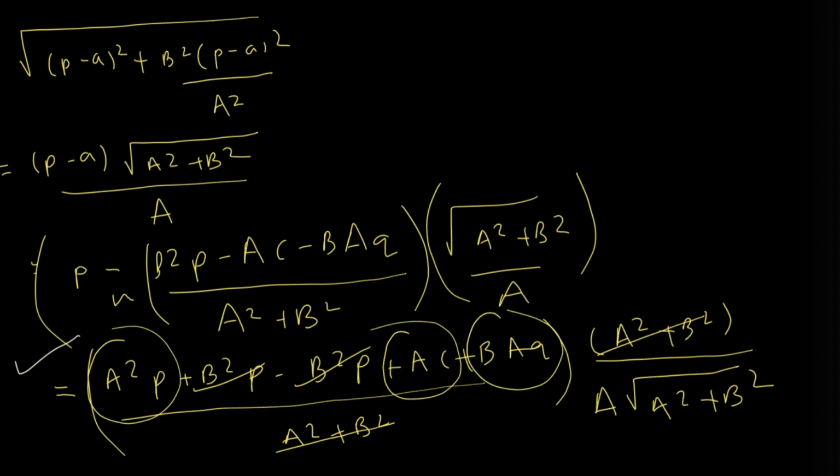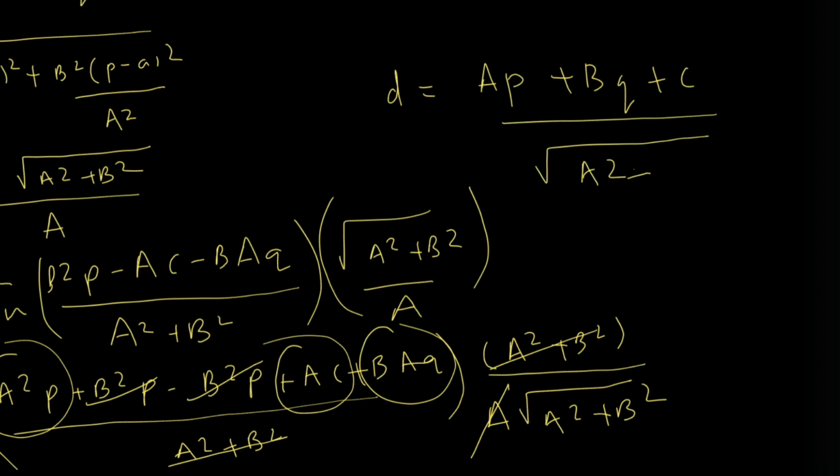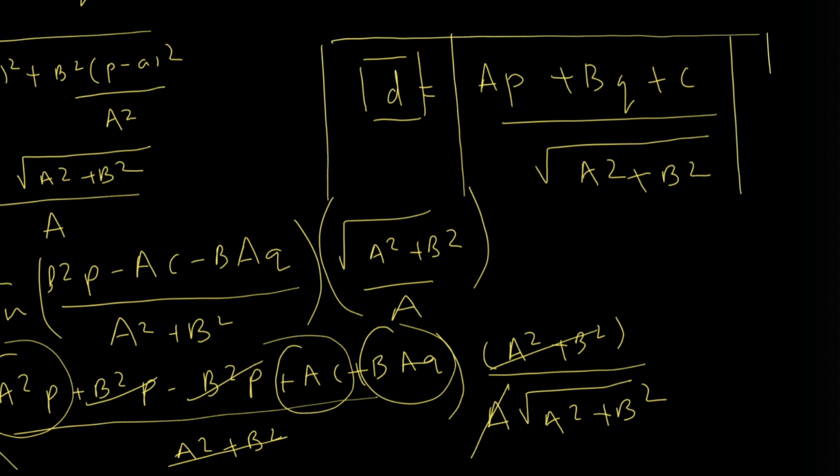I can take a single a common and factor it out. So I will finally get the value of distance d equals ap plus bq plus c, divided by the square root of a square plus b square. And as d is denoting a distance, the value should always be positive, hence we put a modulus sign over here, and this is the answer that we were looking for.